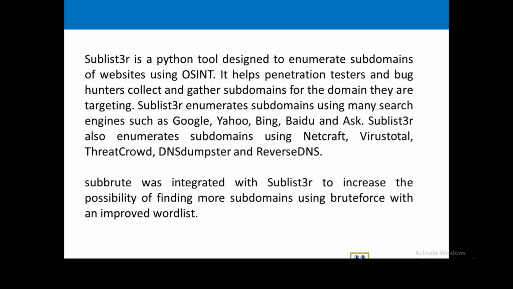It helps a penetration tester and bug hunter collect and gather subdomains of the domain they are targeting. Sublist3r enumerates subdomains using many search engines such as Google, Yahoo, Bing, Baidu, and Ask. The list goes on. Sublist3r also enumerates subdomains using Netcraft, VirusTotal, ThreatCrowd, DNSdumpster, and Reverse DNS.